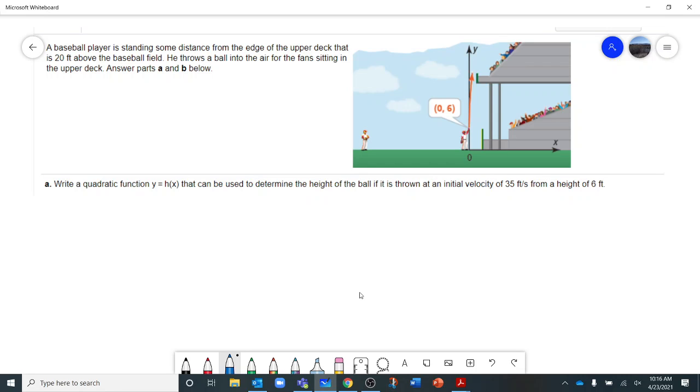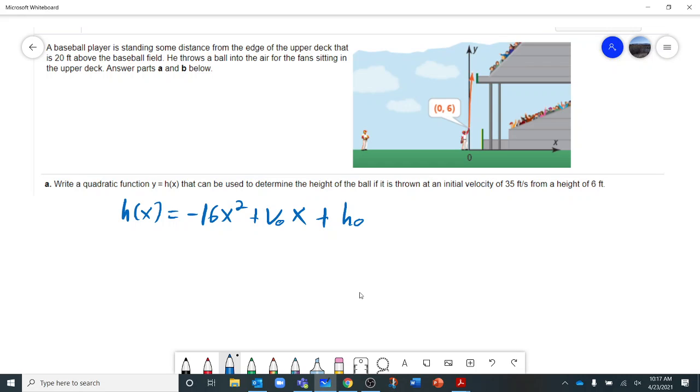I'm going to point out that we need our vertical motion model, which is h of x equals negative 16x squared plus v0 times x, in this case, plus h of 0. And then we have that information.